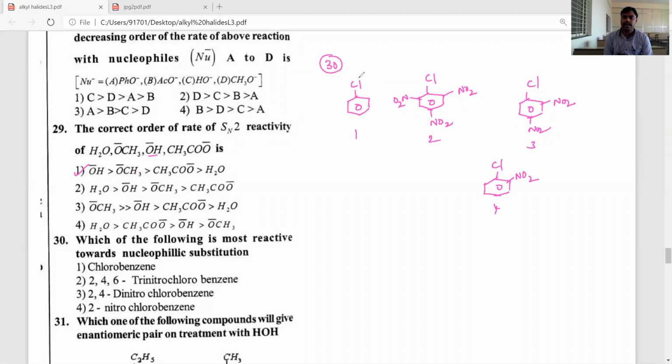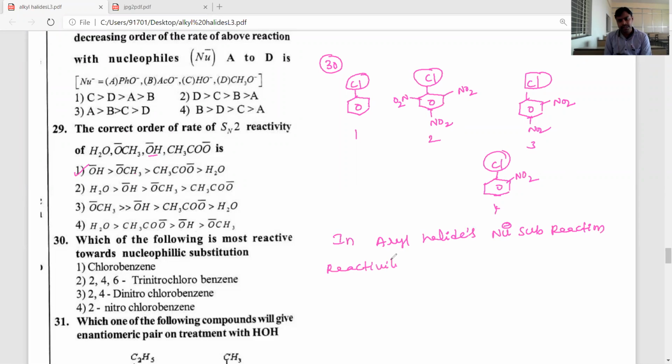See, these are all aryl halides, meaning the halogen is directly attached to the benzene ring. In aryl halides, nucleophilic substitution reactivity is directly proportional to electron-withdrawing groups. If more electron-withdrawing groups are present, it is more reactive towards nucleophilic substitution.